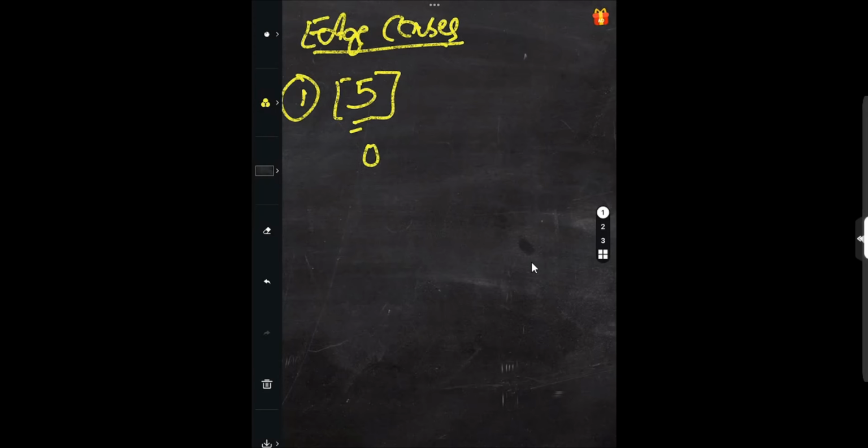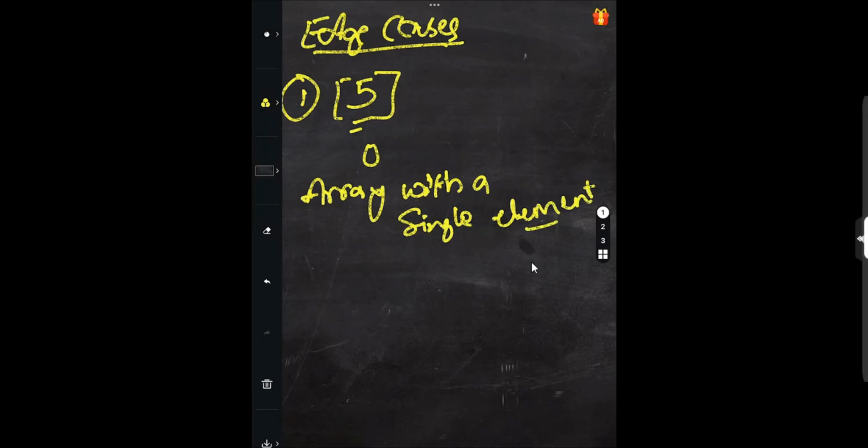We know that no water can be trapped if there is only one bar. So this is the first edge case: array with a single element. This is easy to understand, right?